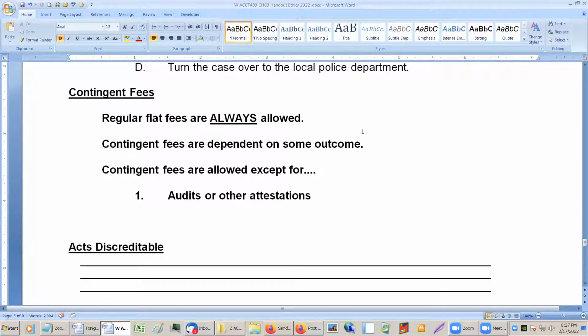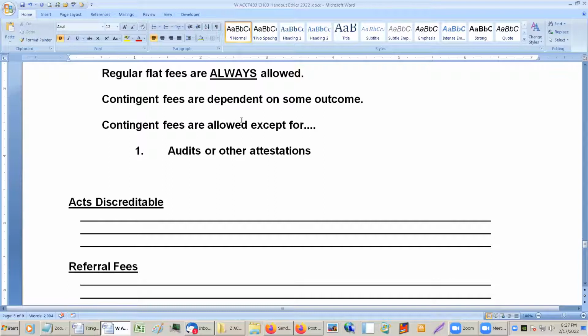Audits or other attestations. So these are not allowed.